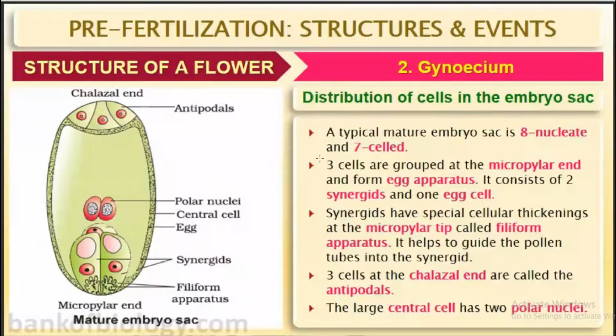So a typical mature embryo sac is 8 nucleate and 7 celled. This is very important from your examination point of view. A typical mature embryo sac is 8 nucleate and 7 celled.